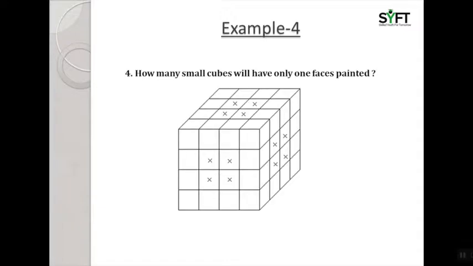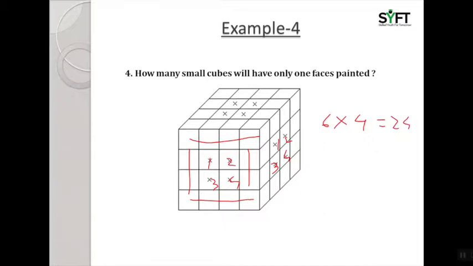If we see this cube, after all these cubes we have considered for three faces and two faces, we only have four cubes in the front which have only one face painted. And similarly, this side is the same, and we have six sides in a cube. So you can say there are 24 with one face painted.